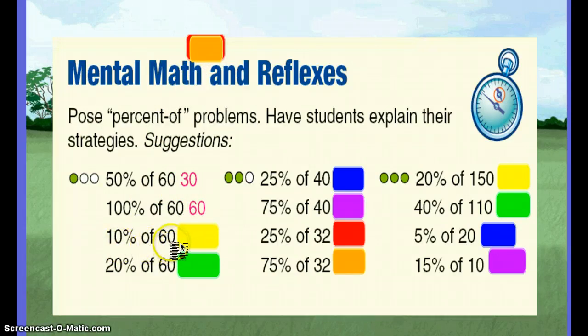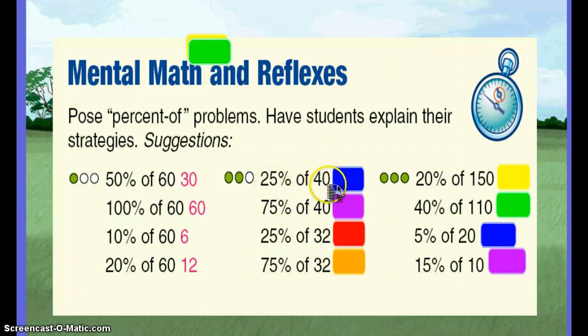One little way I'm going to show you how you could figure this is, since it's 10%, if I took 60 times 0.10, I would know that really I'm moving that decimal over to the right one place value, so 10% of 60 would be 6. 20% of 60. Well, if 10% is 6, 20% is double 10%, so my answer should be doubled also to 12.